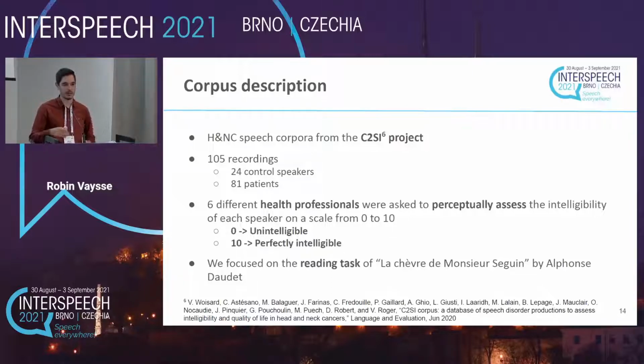What is interesting in this corpus is that it has been perceptually annotated by 6 health professionals, who had to assess intelligibility for all the speakers and rate it on a scale from 0 to 10, with 0 being totally unintelligible and 10 perfectly intelligible. We focused on the reading task of the text La Chèvre de Monsieur Seguin by Alphonse Daudet, so a French one.